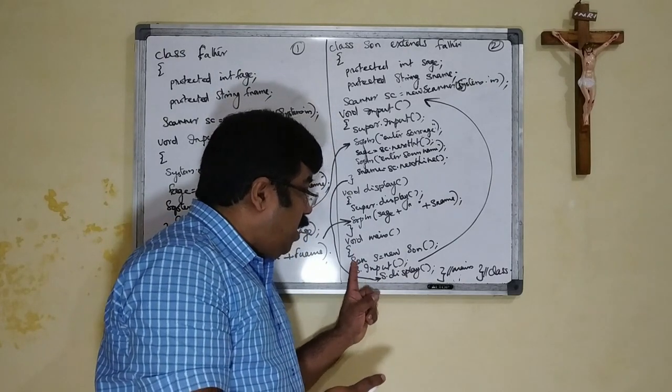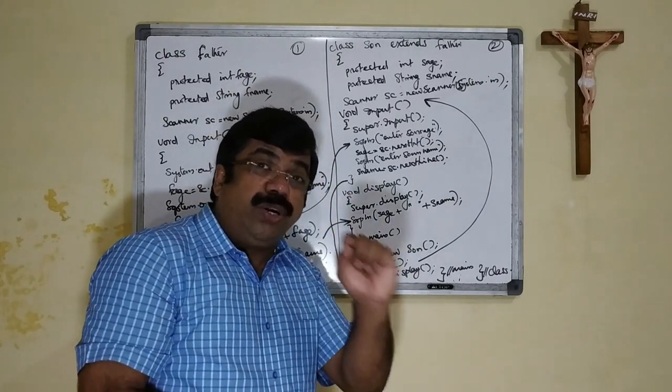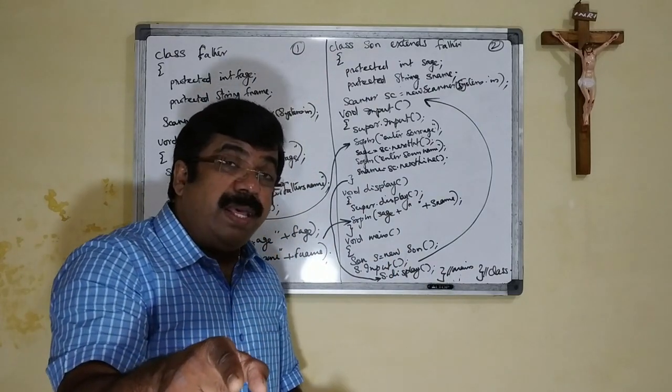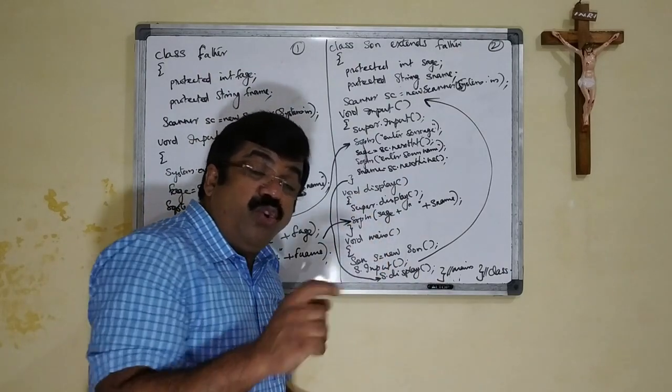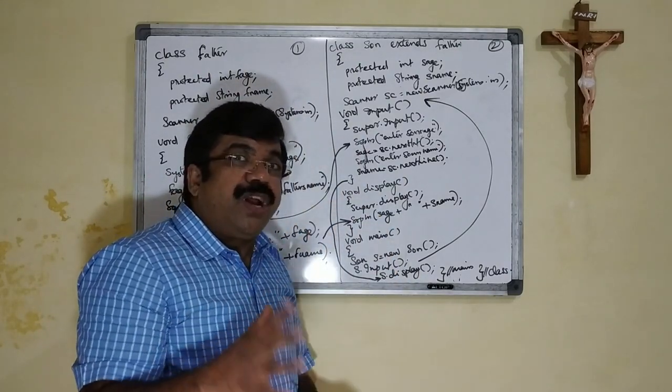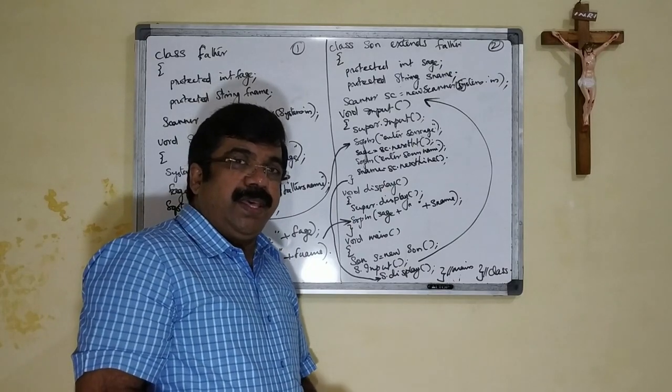When we were giving S dot display or S dot input, it was very clear that we are going to call the function of that particular class. There was no confusion.